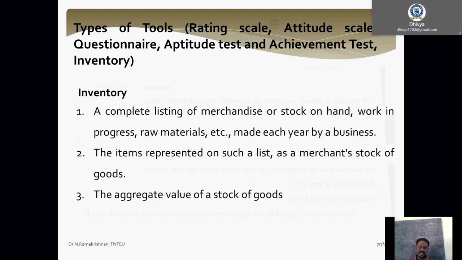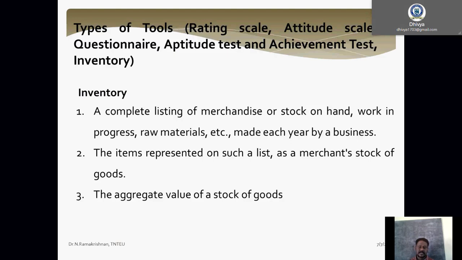And an inventory is a complete listing. Sometimes in an inventory, we will have a list of stocks on hand, a list of work in progress, a list of raw materials available, and all these things we find out through inventory. So suppose a businessman is giving an inventory to find out how much stock is available, and using that inventory they will give a report to the manager: this much stock we have, and this much stock should be procured again.